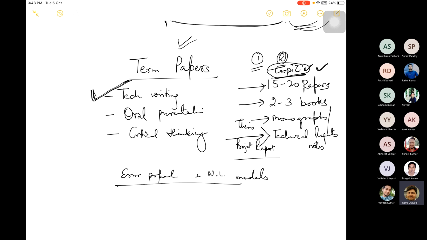Then some of you may be weak in speaking on technical content, how to deliver a presentation, because many of you have been working in a group where the leader is speaking in front of a committee. Generally you just step back and think that since my leader is presenting, I need not present myself.